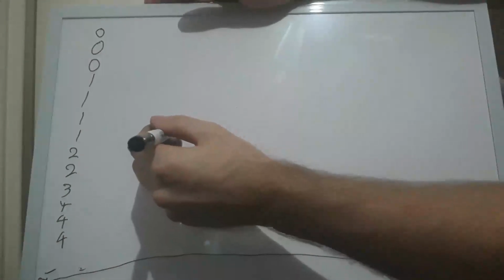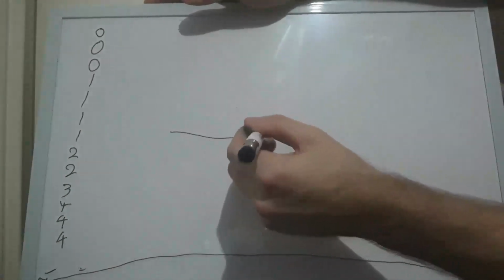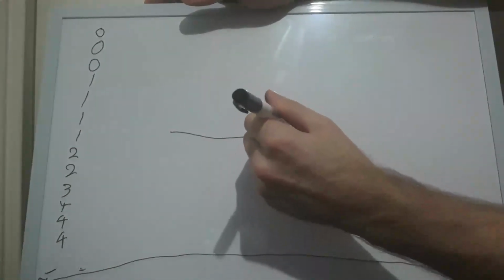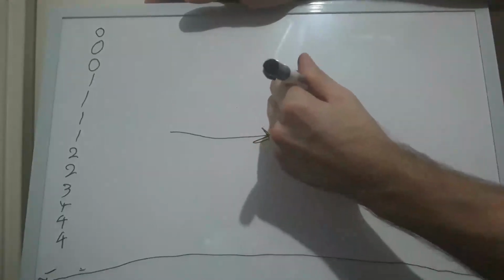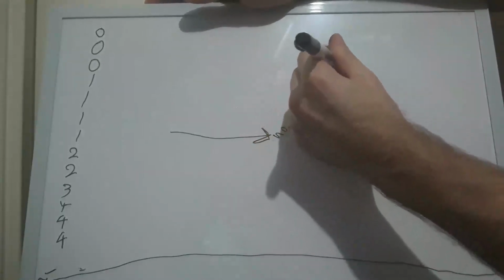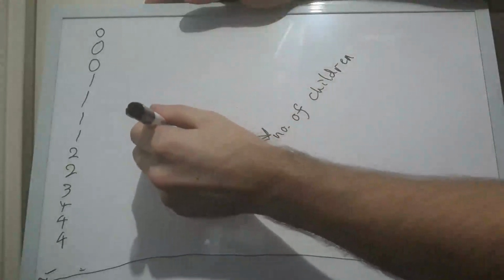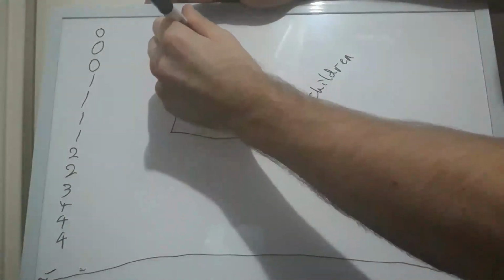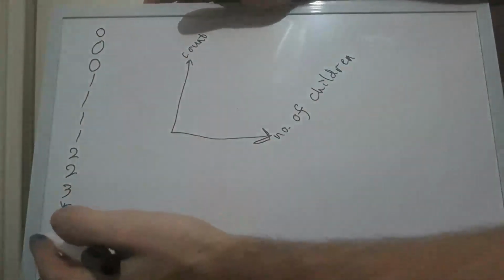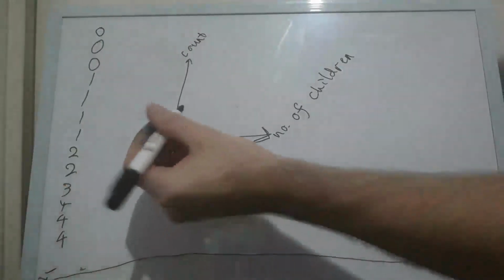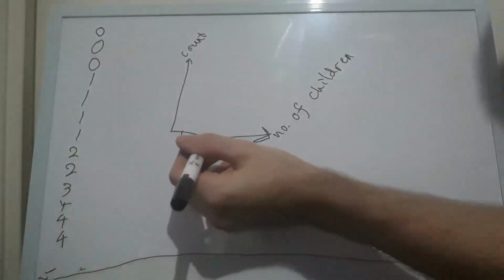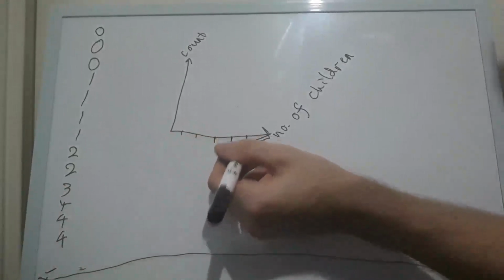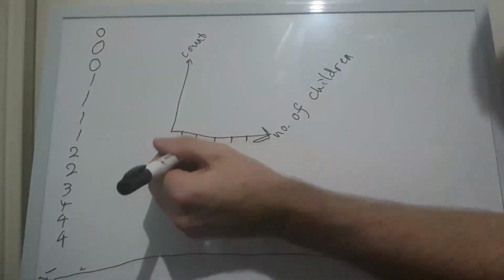Let's say this here, your horizontal axis, is your number of children, and this here is your count, in other words, how many families have this number of children. So we'll have 0, 1, 2, 3, 4 as the number of children in the family.